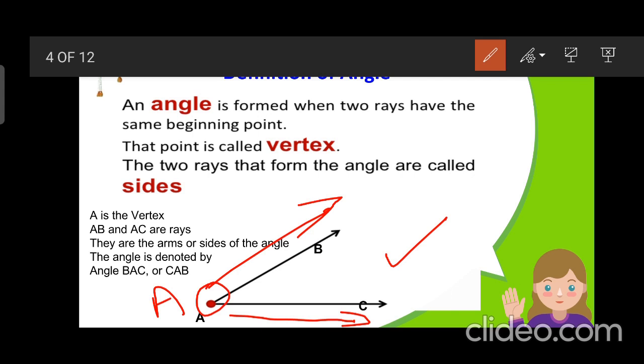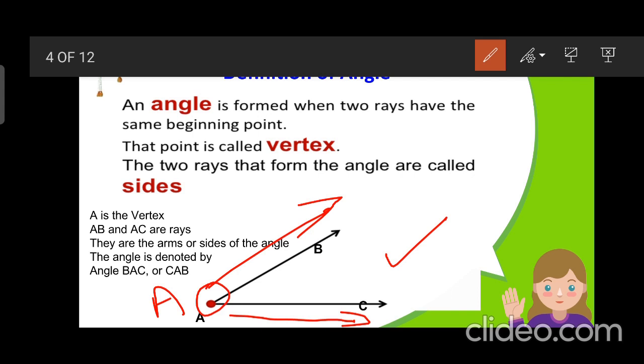So an angle is formed when 2 rays have the same beginning point, as you can see in this diagram. A is called the vertex, and the 2 rays that form the angle are called sides. Here AB is one side and AC is another side. A is the vertex, and AB and AC are rays.